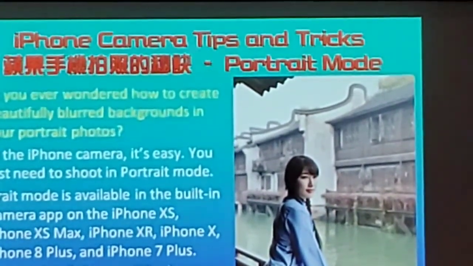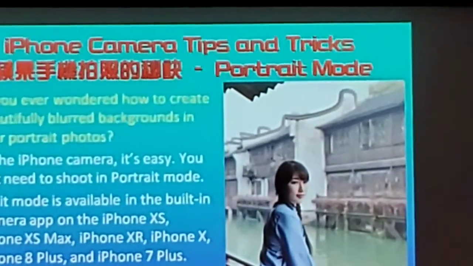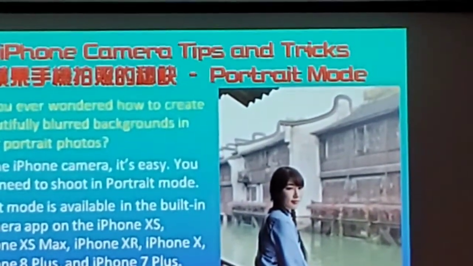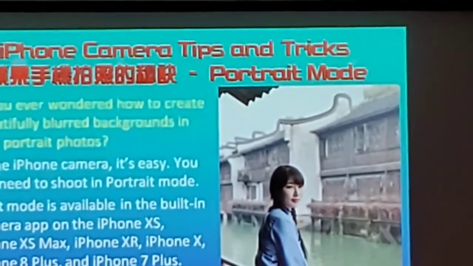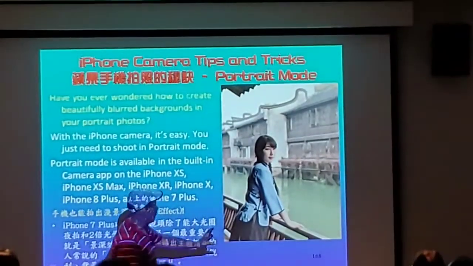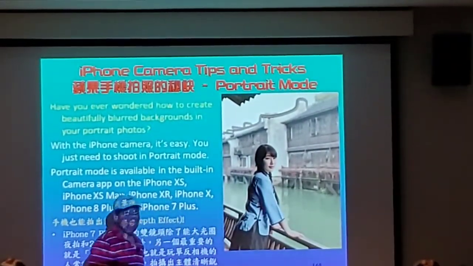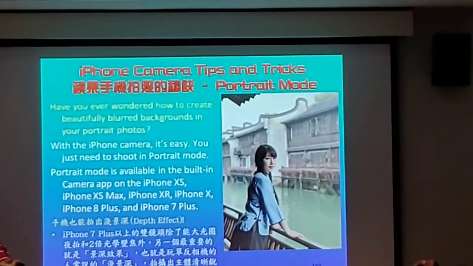Another very powerful mode is portrait mode in the newer generations, the X and the 10 and the MS version. You can take a portrait picture with the subject and then the blurry background, just like this one.